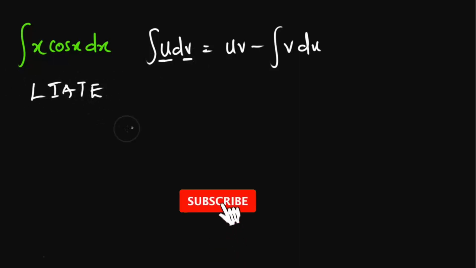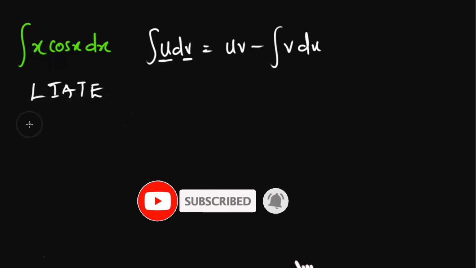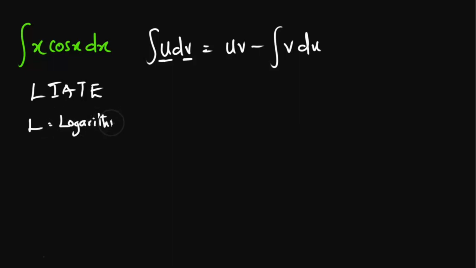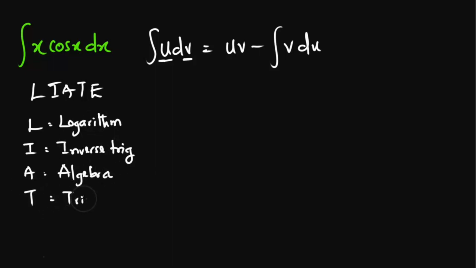LIATE formula. The LIATE formula. Okay, so L stands for logarithm, I stands for inverse trig, A stands for algebra, T stands for trigonometry or trigonometric function, anyhow you want to put it, and E stands for exponential function.